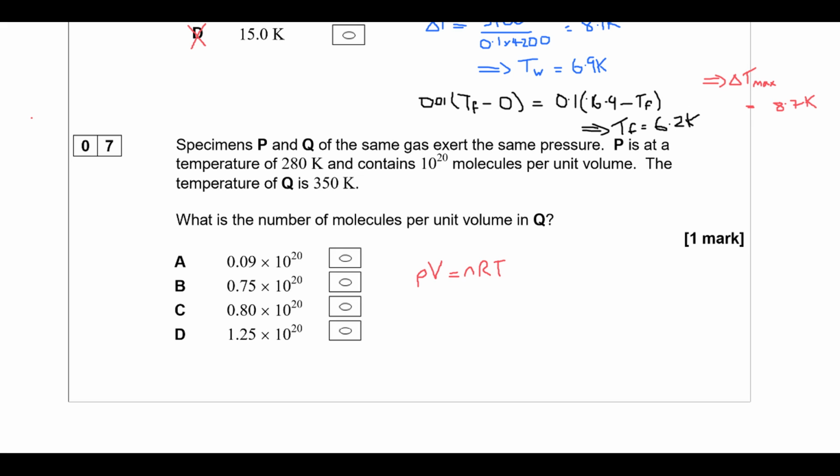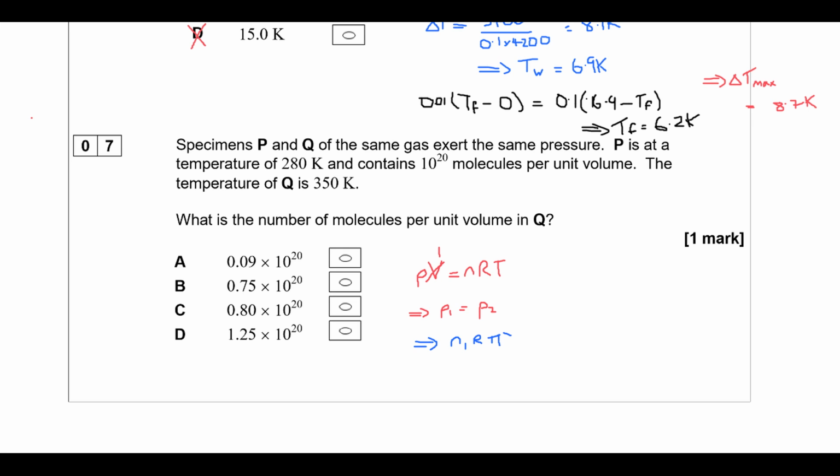Okay, so we're using a unit volume, so we can make the volume 1. And the two pressures are the same, so P1 is equal to P2, or PP is equal to PQ there.